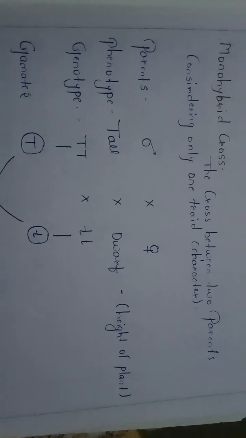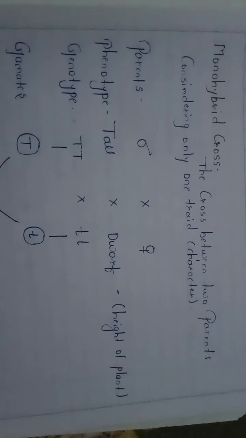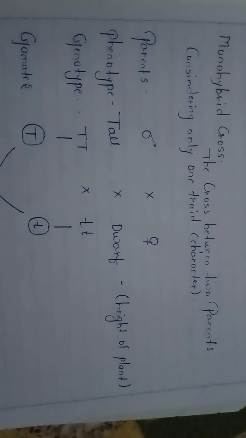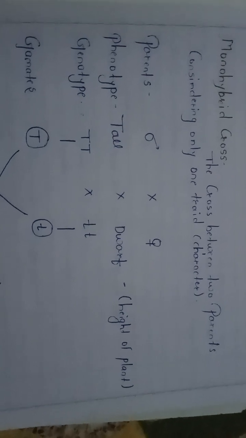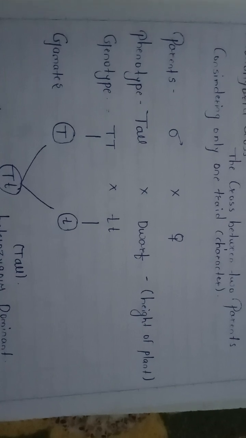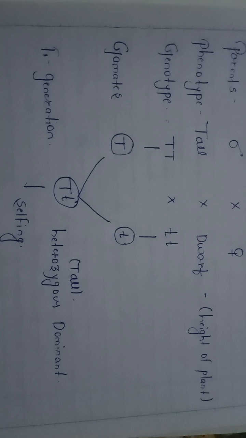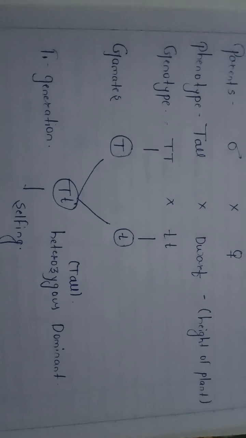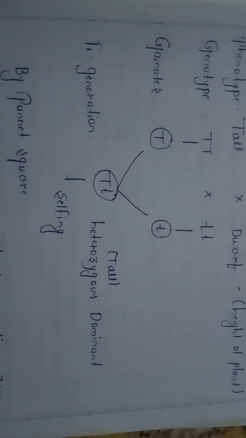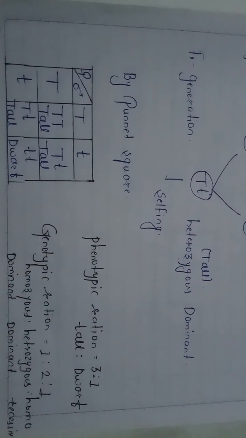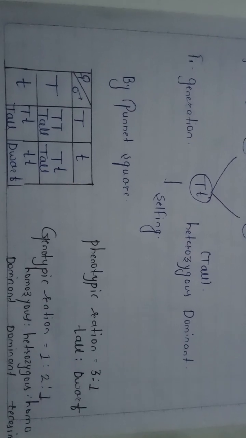We consider the parents, male and female, with phenotype tall and dwarf. Tall and dwarf is nothing but the height of the plants. The genotype is capital T and small t. The gametes are capital T and small t. In the F1 generation we obtain heterozygous dominant tall.